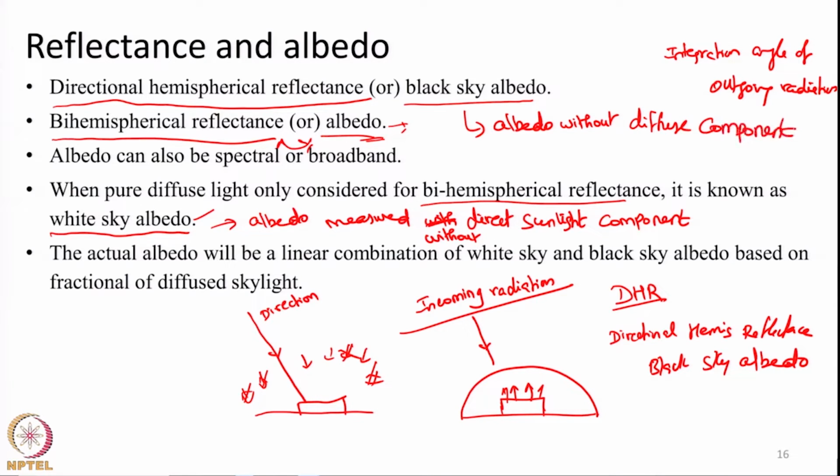Okay. So, black sky albedo means the incoming energy has only direct component, white sky albedo means the incoming energy has only diffuse component, but measured over the entire hemisphere. So, no direct component. But always remember, if we say the word albedo, then the outgoing radiation is measured in the entire hemisphere surrounding an object.